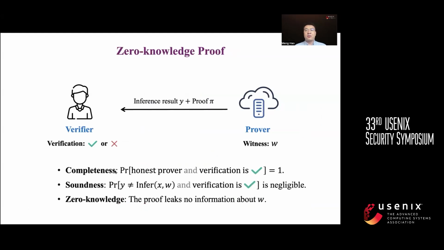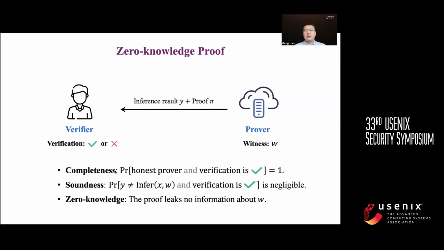In zero-knowledge proofs, we have two parties, prover and verifier. The prover convinces the verifier that he knows a witness W such that the result Y is computed on W. There are three important properties. The first is the completeness.